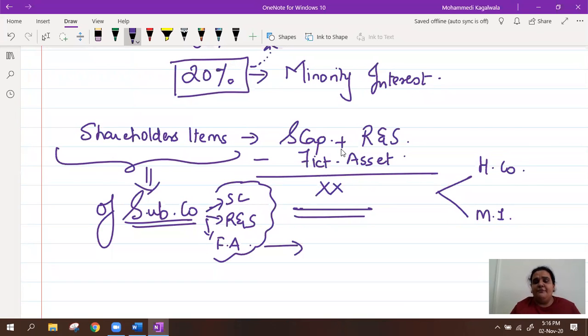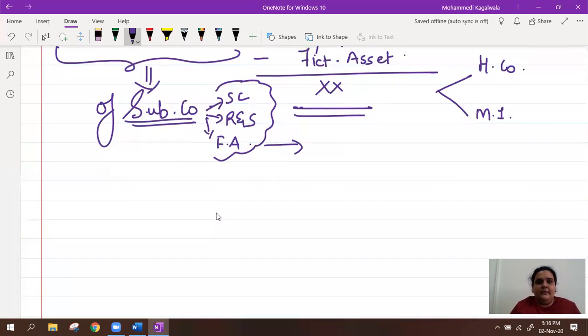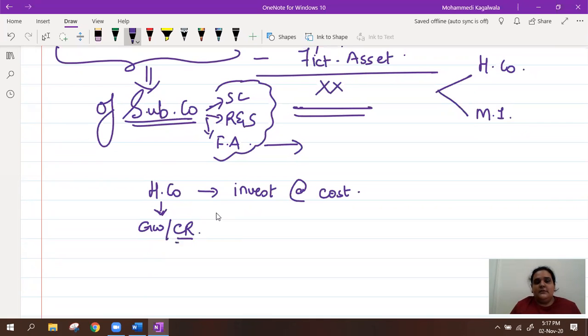Okay, now after dividing, what do I gain by dividing the shareholders items? I have to understand that when a holding company has made an investment at a given cost, and the amount they have received, what all falls with them, the shareholders items like share capital, reserves and surplus, unka jo bhi stake hai, the amount which is actually there with them, with the help of the investment cost, I will come to know whether there is a goodwill or a capital reserve.